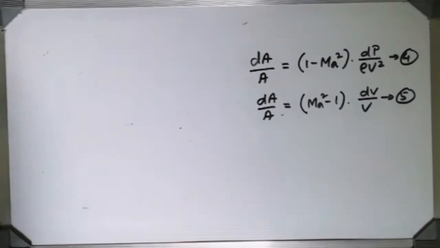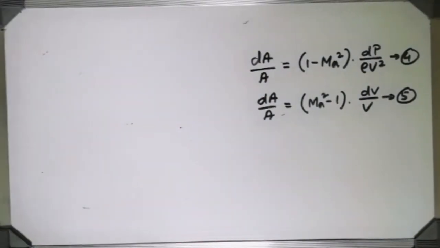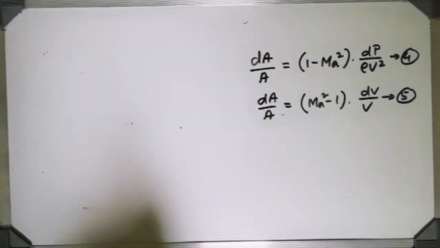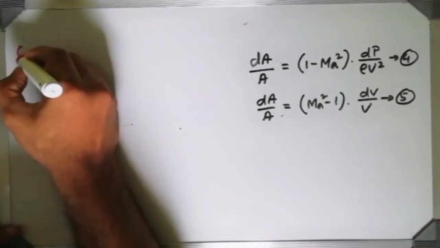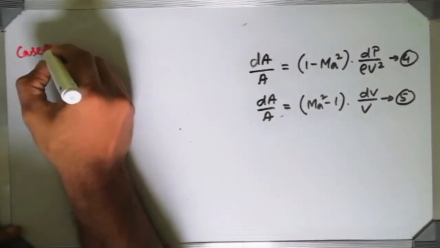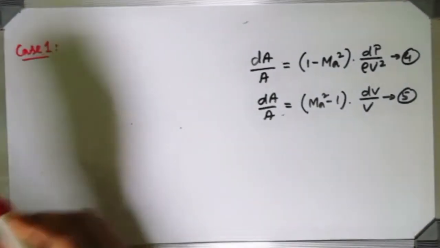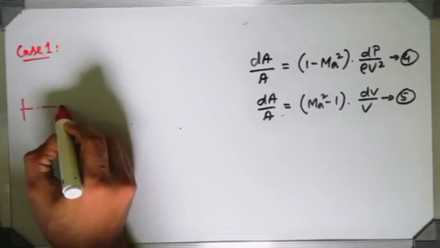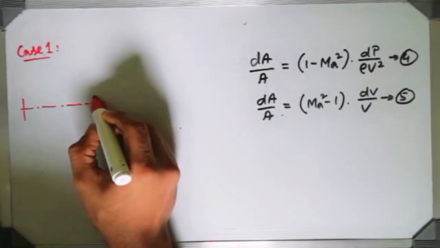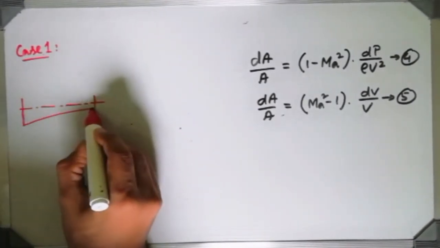Using these two equations, we can say that for Mach number less than 1, that is a subsonic flow, what actually happens? Case 1, I am taking 2 cross sections. It's a very interesting thing. You can understand now how the same cross section will behave differently.